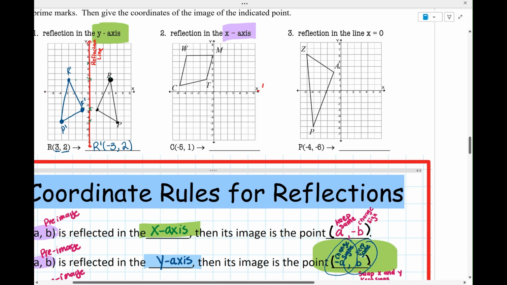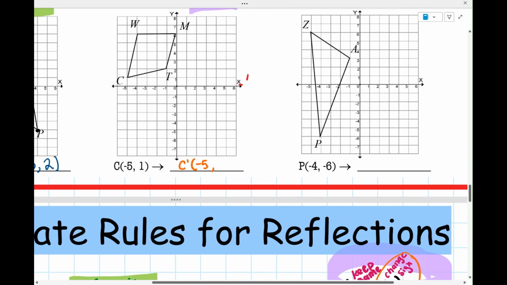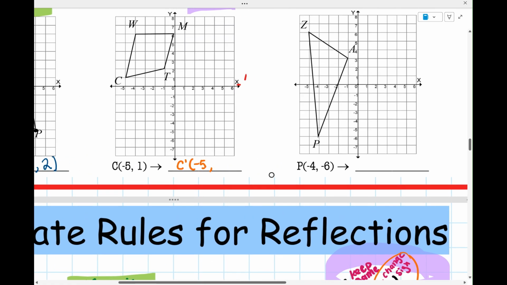So now we're going to go ahead and reflect over the x-axis, which we also have our little rule here. So we keep the same x coordinate, and we change the sign for the y coordinate. So our c prime would have that location, -5, comma, -1.